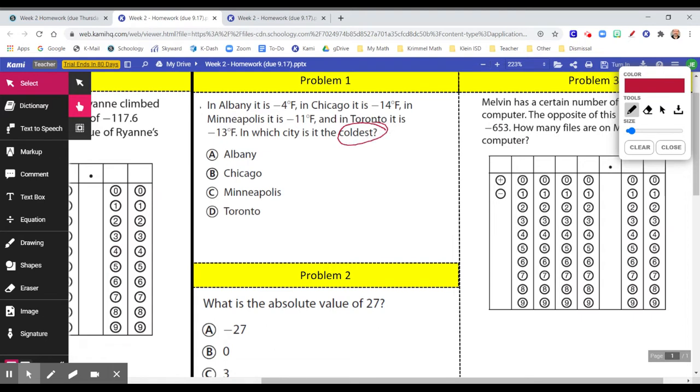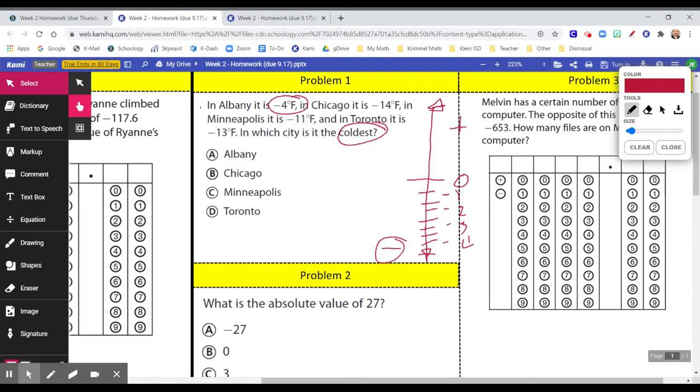Cold, the colder it is, the more negative it is. So if we drew a quick number line here for temperature, when it's going negative, it's going down, starting at 0. If we count down from 0: -1, -2, -3, -4, this number is closest to 0, which is closest to the warm side of things.